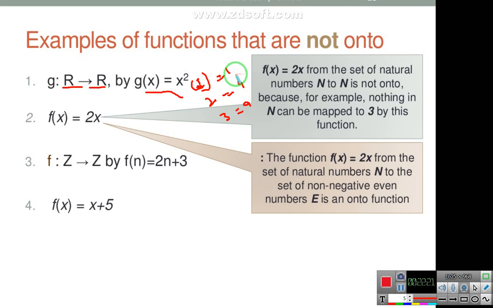So it means on the y-axis there are missing numbers, like see -9, then 4, then 2, so other numbers are missing, so that's called a not onto function.